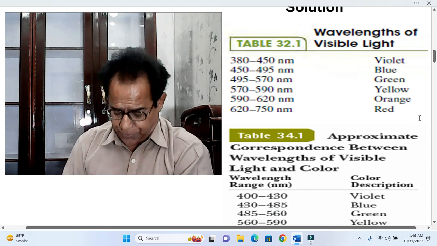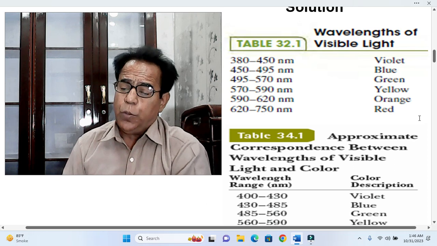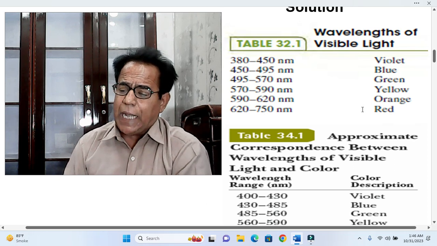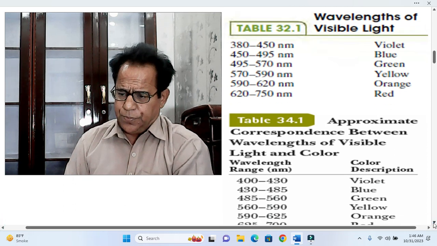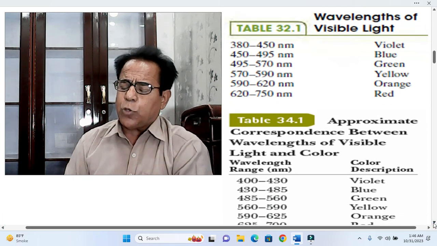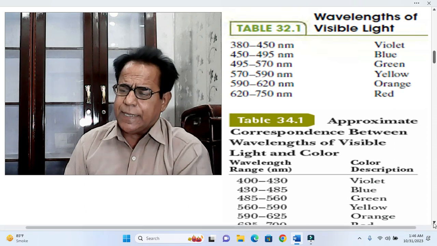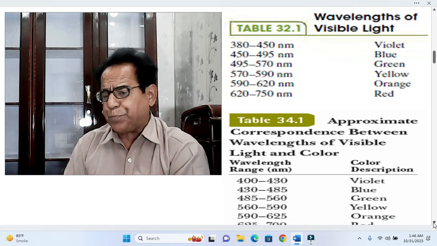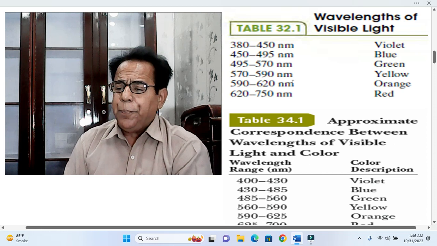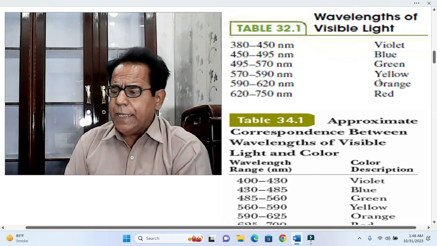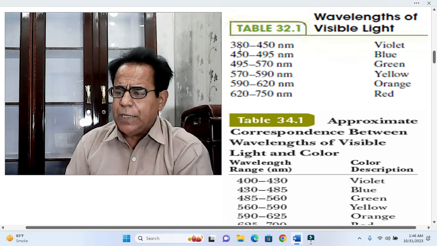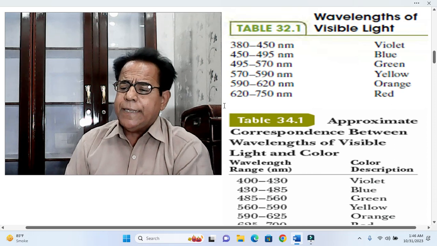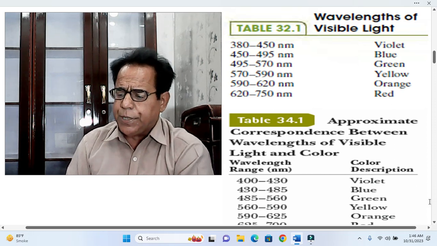So first we go through these two snapshots which are about the spectrum of electromagnetic radiations, electromagnetic waves. Table: violet, blue, green, yellow, orange, red. Violet is from 380 to 450 nanometer and similarly red is from 620 to 750 nanometer.